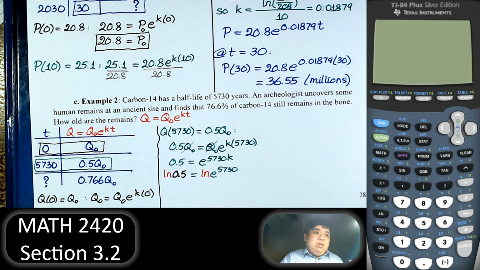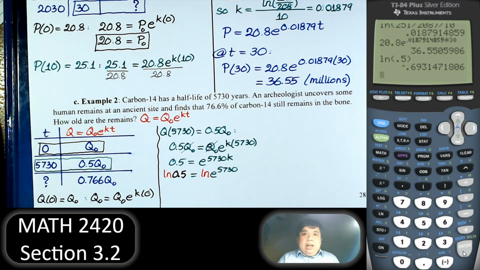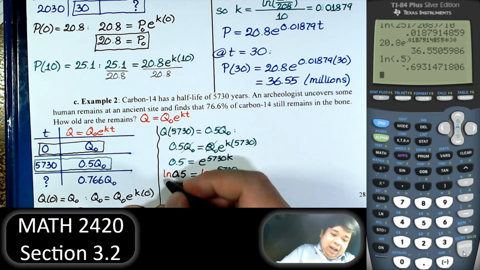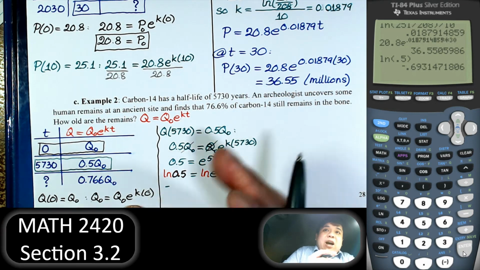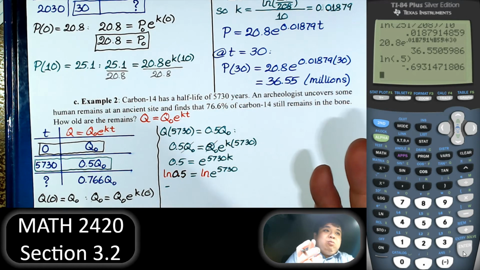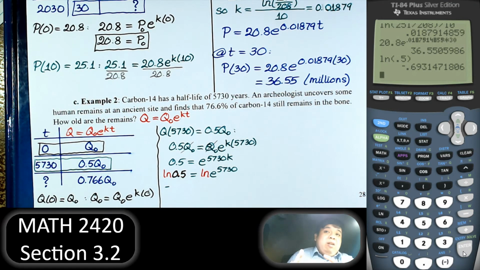Or any finance student knows that ln of 2 is 0.693, meaning this is the time that we double an investment.